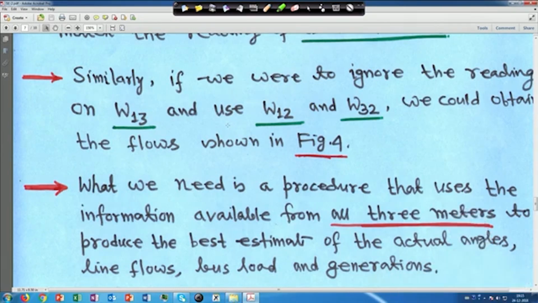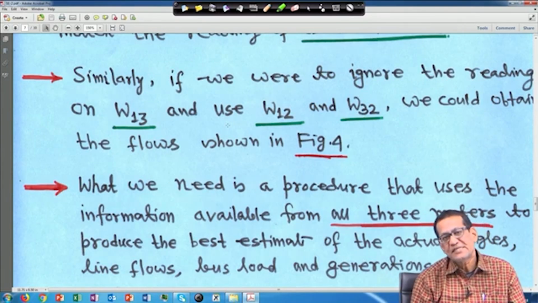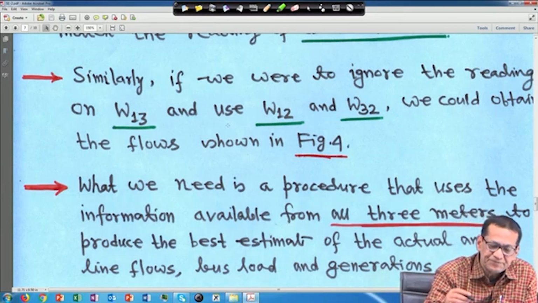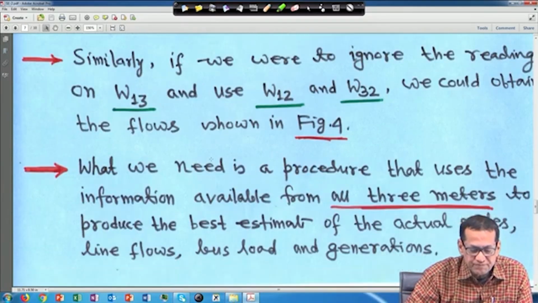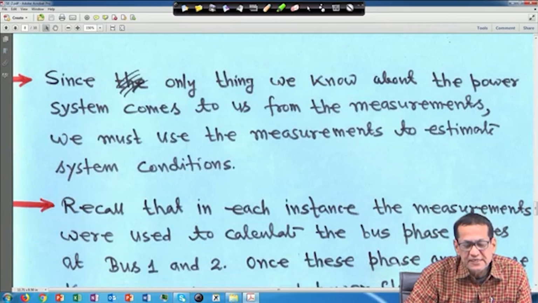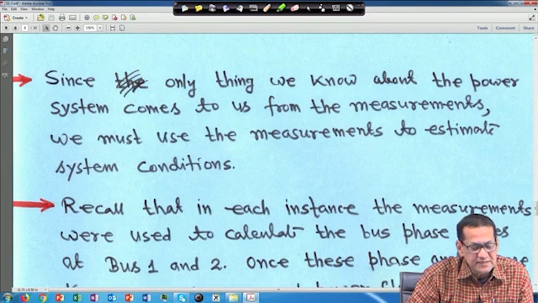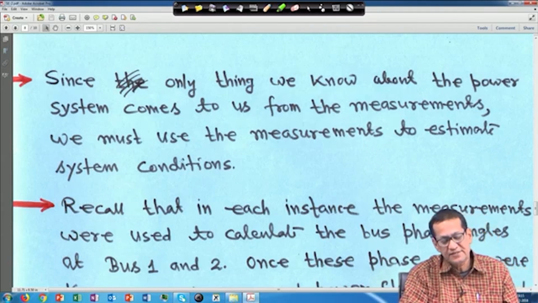So, our objective is to consider all the meter readings and try to find out the best estimate of the line flows and the angles, right, voltage angles. Since the only thing we know about the power system comes to us from the measurements, we must use the measurements to estimate system condition, right.